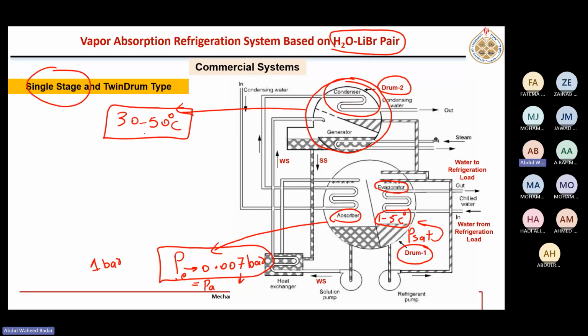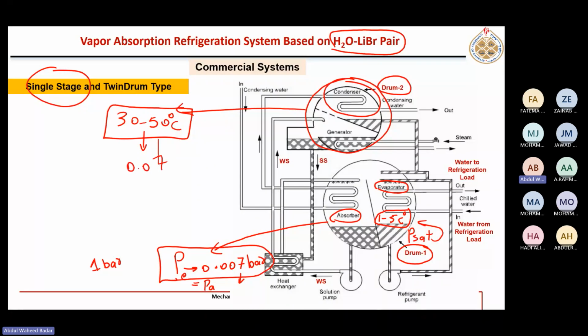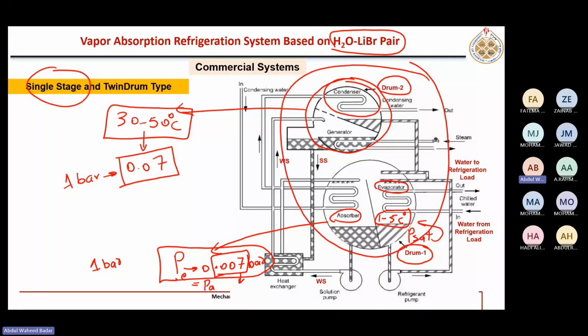At this temperature, when water is to be condensed, the pressure is again very low, about 0.07. It is 0.007 in the evaporator; in the condenser and generator it is a little higher, but compared to 1 bar it is still very small. So the entire system, both drums, operates under vacuum pressure.